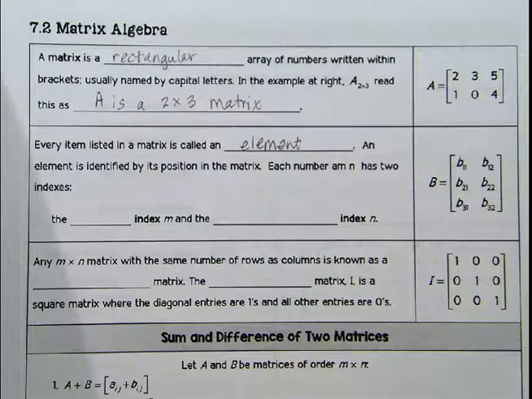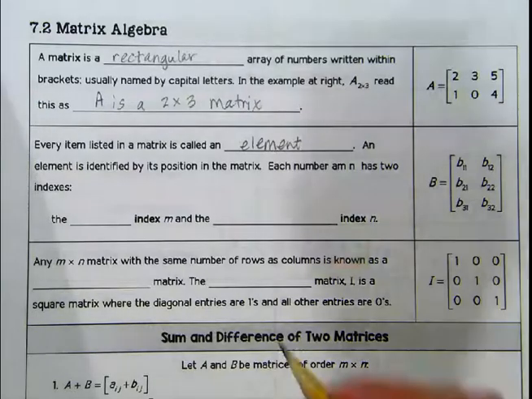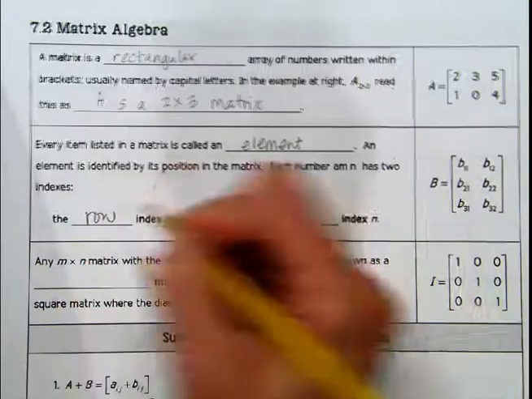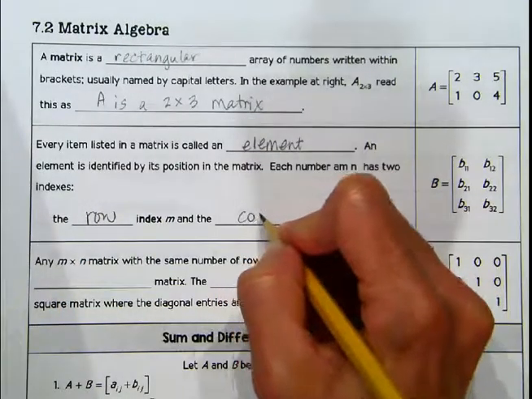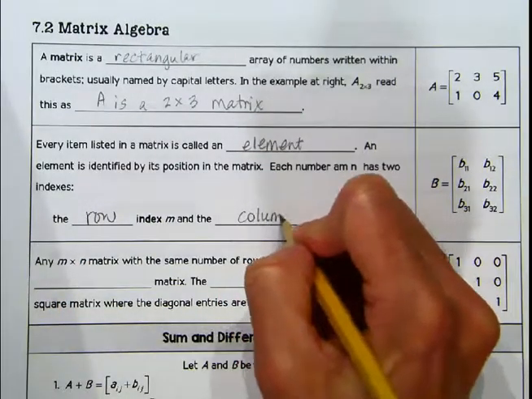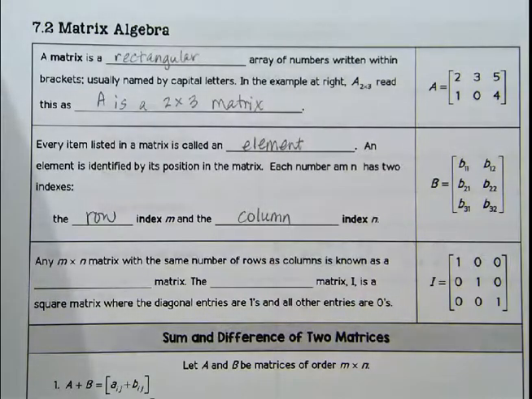An element is identified by its position in the matrix. Each number has two indexes, the row and the column. The row is the index M, and the column is the index N.